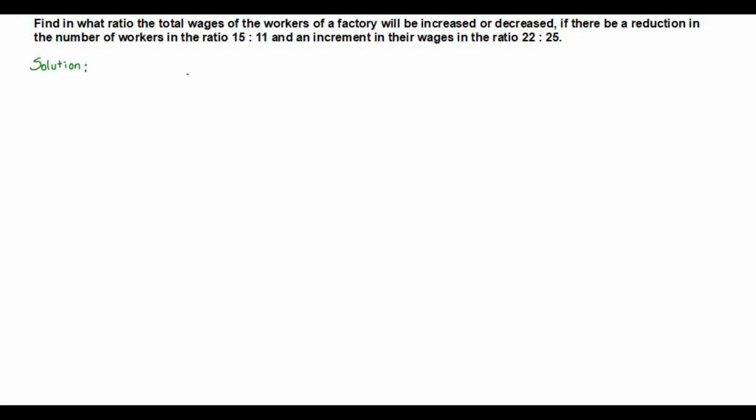Also it is not given exactly how many workers are now in the factory and how much wage is being paid to each worker. They have given only the ratios, the ratio in which the number of workers is going to be reduced and the ratio in which wages is going to be increased. Because the actual quantities are not given, we have to assume some variable for number of workers and wage per worker.